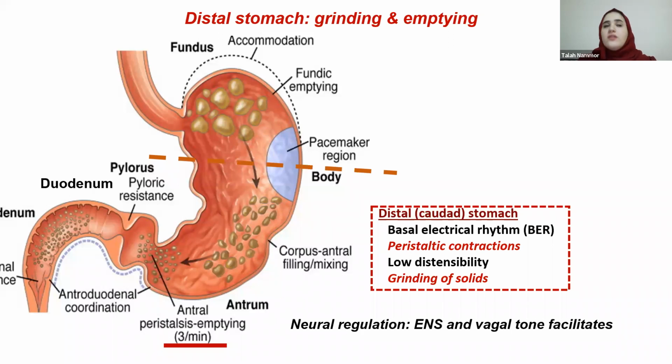And this rhythm is called the basal electrical rhythm. So the basal electrical rhythm tells the muscles that, okay, now guys, you have to have 3 contractions every minute. So it will release electrical signals, those signals will be detected by the muscles, and the muscles will start contracting, relaxing, contracting, relaxing in a peristaltic type of way. Okay, is it clear now?